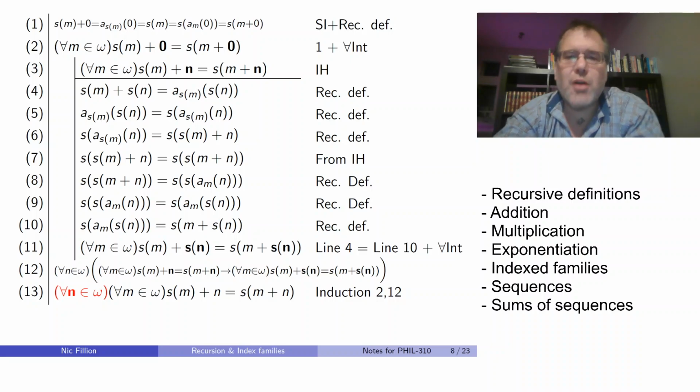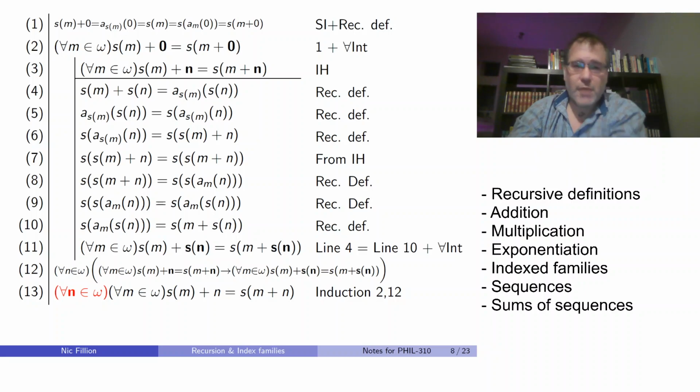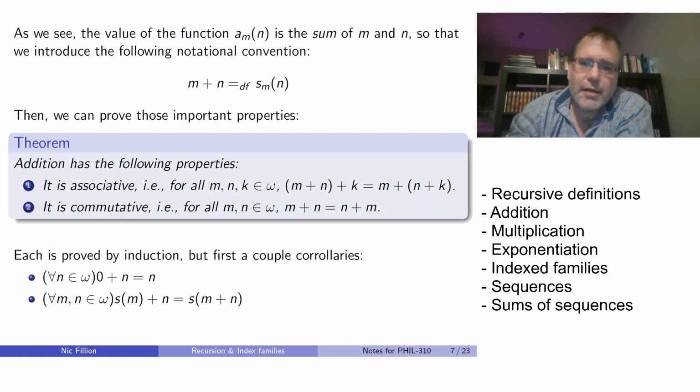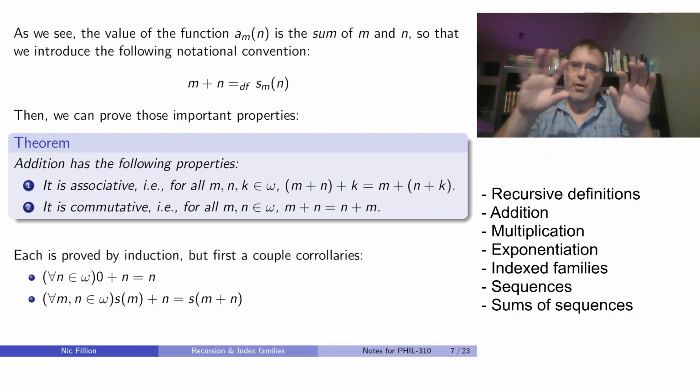So I've put it all together here as part of a Fitch diagram. First of all, let me draw your attention to line 13. Here I've started with for all n in omega. But let's go back to what I wrote on the last slide. It says for all m, which is the first quantifier, and then for all n.